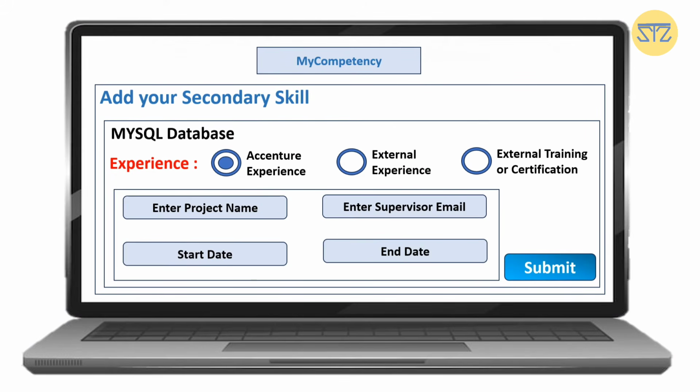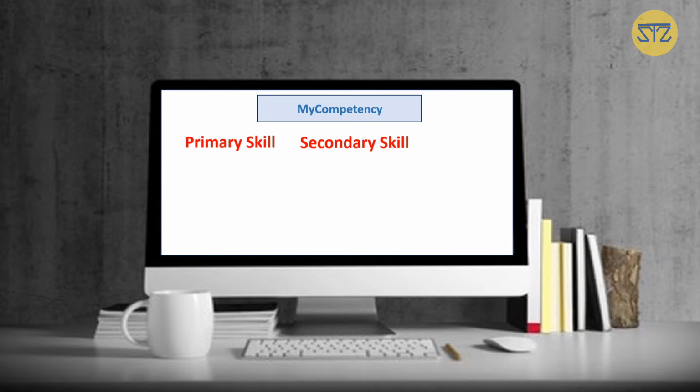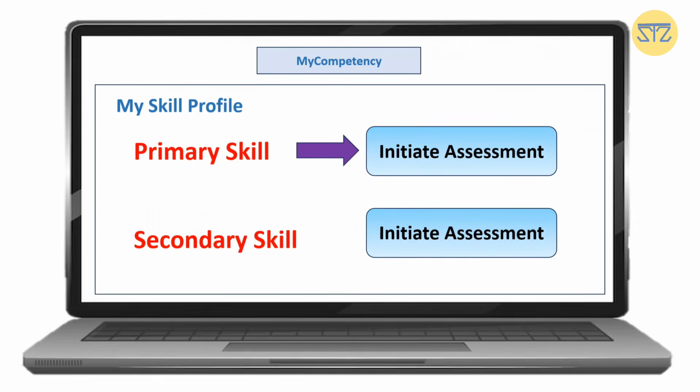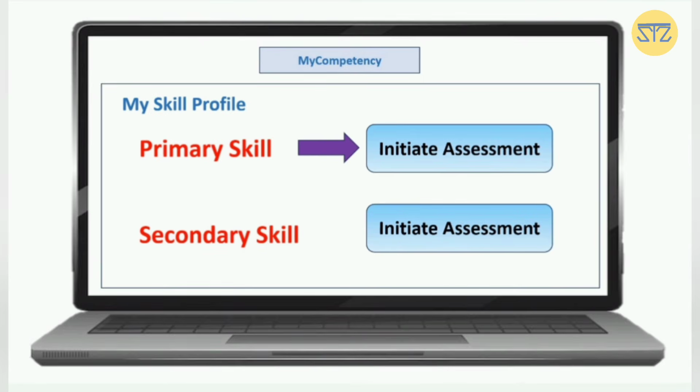This procedure will be the same for primary and secondary skill. Once you add all these details, you can see Angular as your primary skill and MySQL as your secondary skill, guys. Once this is done, you will have the assessment button over there: initiate assessment for primary skill and the same for secondary skill.